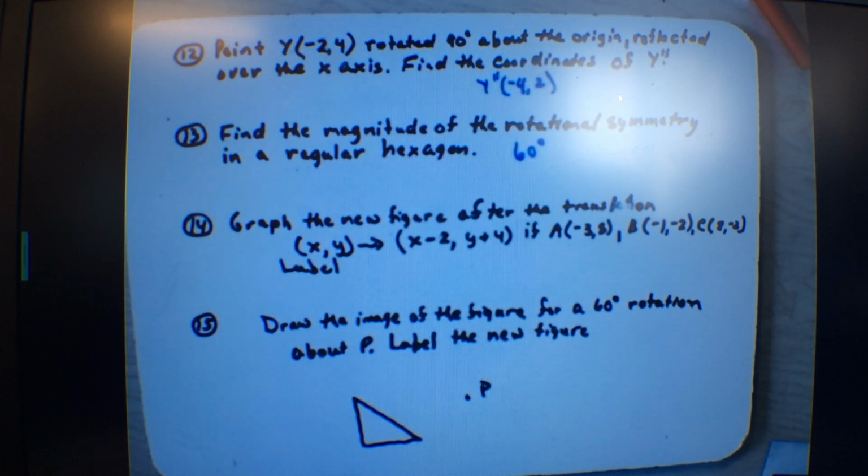Yeah, you can just do it physically too, can't you? And we call that point A prime, all right? B. And now draw that triangle.